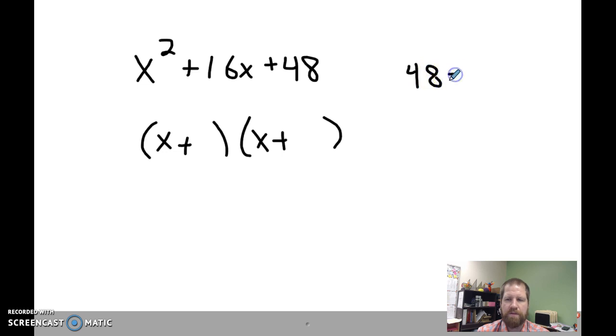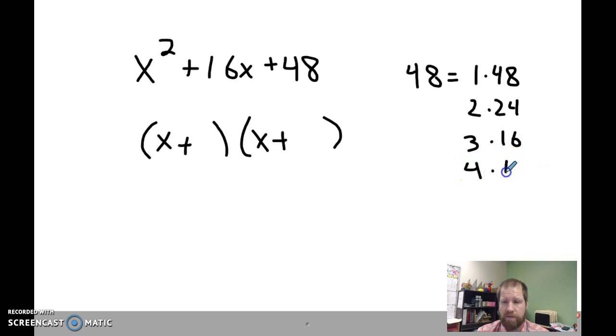Okay, so the factors of 48 are going to be 1 and 48, 2 and 24, 3 and 16, 4 and 12. Let's see, 5, nope, 5 won't do it. 6, does 6 go into 48?